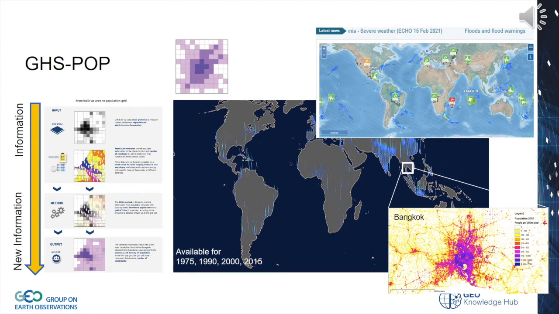Technically speaking, the population settlement layer is also a spatial grid with population counts for each grid cell. One can see the concentration of people in the world with the highest concentration in some large cities. The population density is used in a great variety of applications. It is used operationally in disaster alert systems, emergency response systems, and for example, in the global wildfire information system.